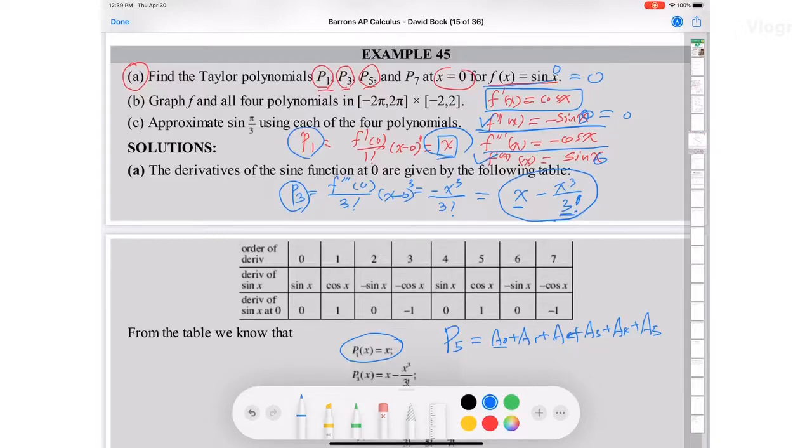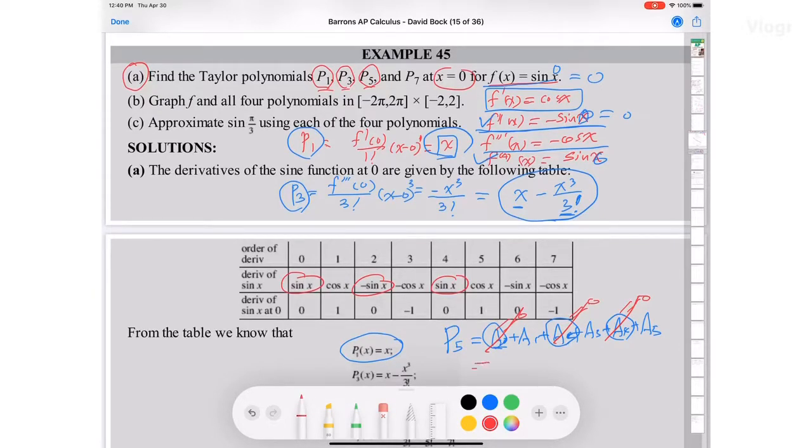But the zeroth derivative, second derivative, and fourth derivative are all 0. Yes, sine 0, negative sine 0 is always 0. So you don't have to do these three things, right? P5 is the sum of the first 6 terms, right?